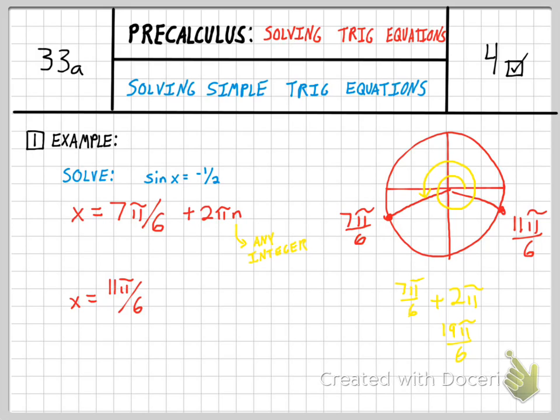So that expression is representative of all angles whose terminal side is at 7 pi over 6. And so I would obviously do the same thing in this problem as well. So keep in mind that when you have a simple trig solution, there are actually an infinite number of answers, and this is the representation for that.